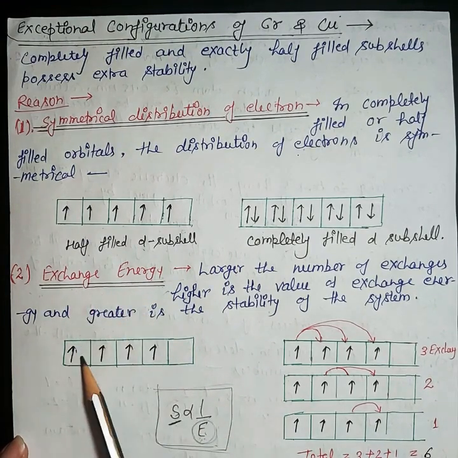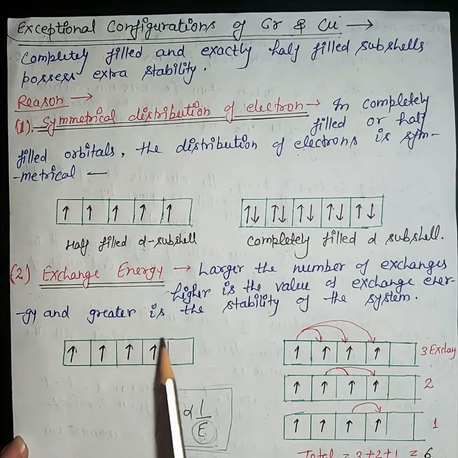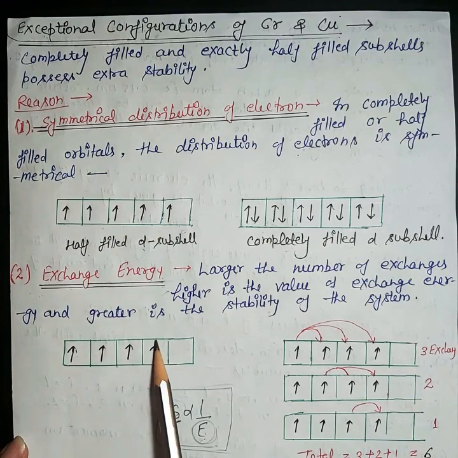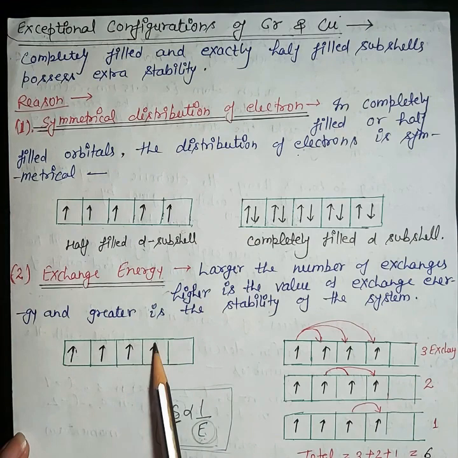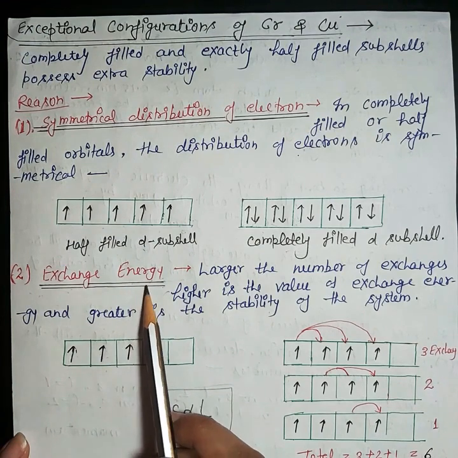Electrons with the same spin that belong to the same subshell have a tendency to exchange their positions. In exchanging their positions, they release some amount of energy, and that energy is known as exchange energy.